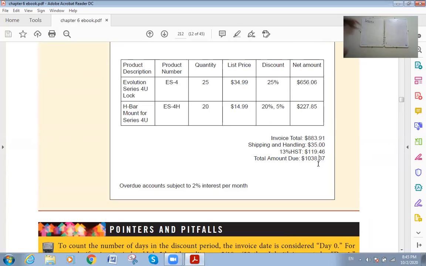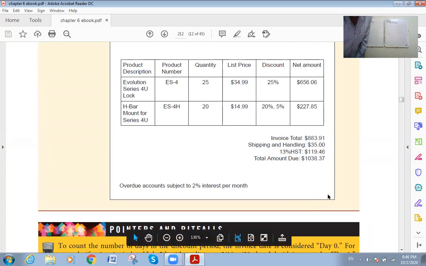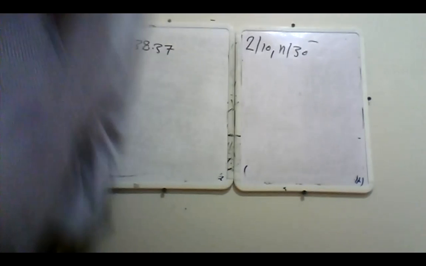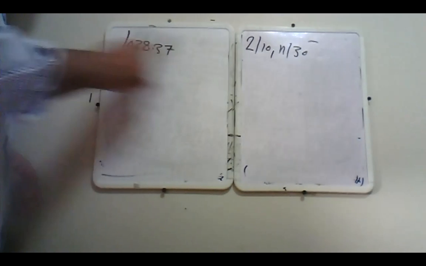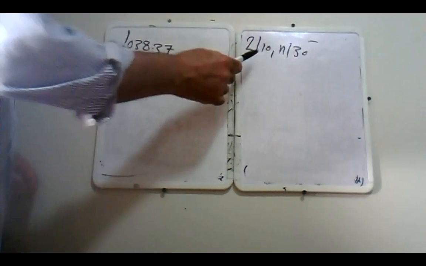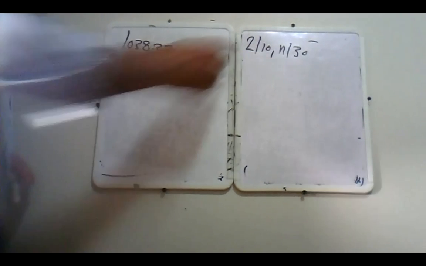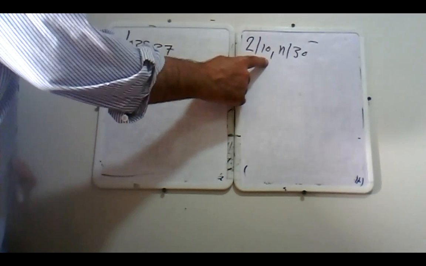That's what the buyer has to pay at the end of the time. But we have a condition of 2 by 10 and n by 30. I'm repeating, guys. This is the total amount of the invoice, and 2 by 10 and n by 30 means that he will have a discount of 2% if he paid within 10 days.